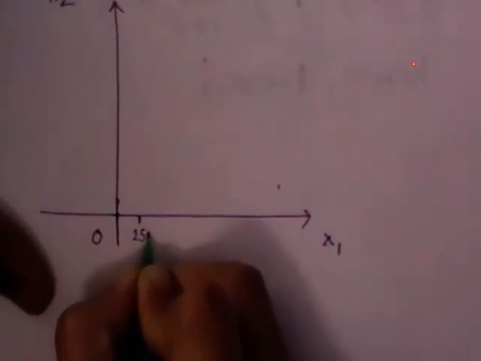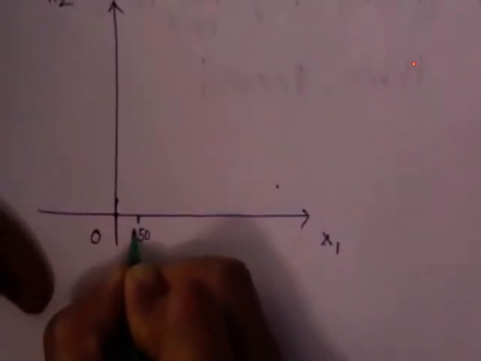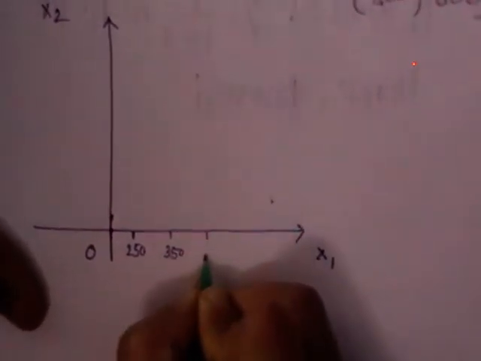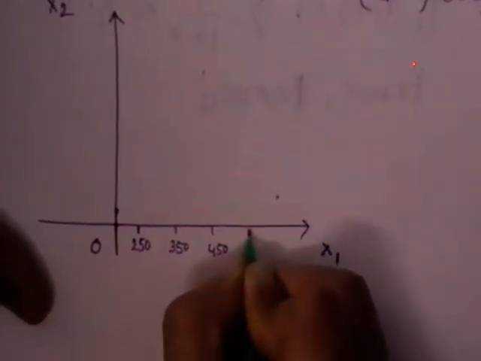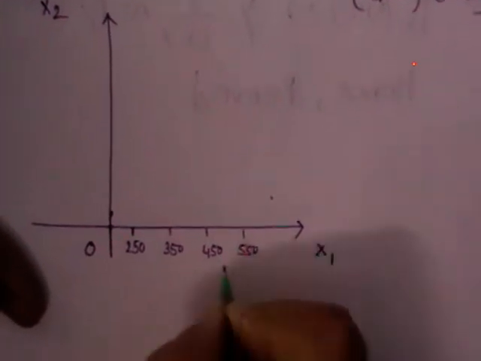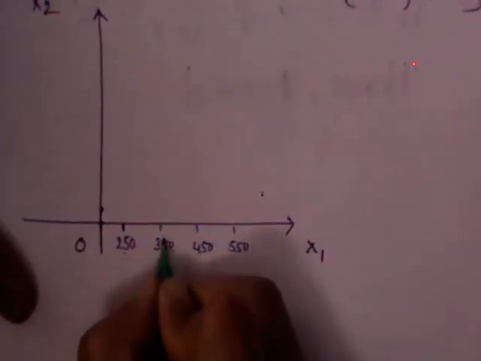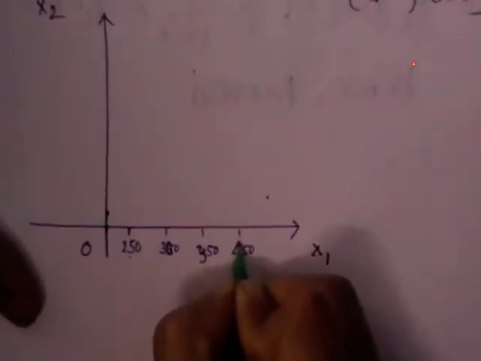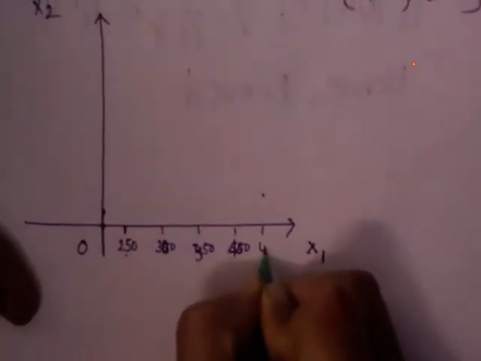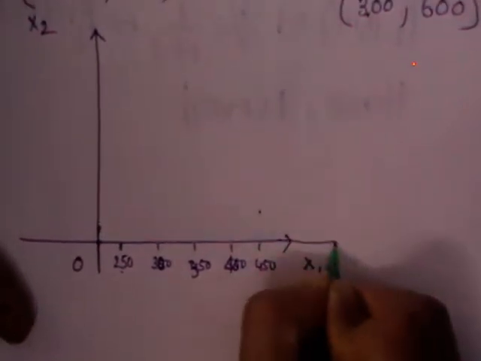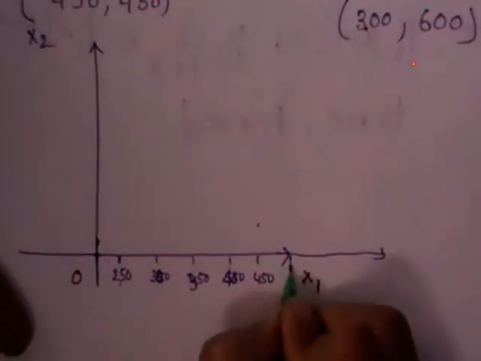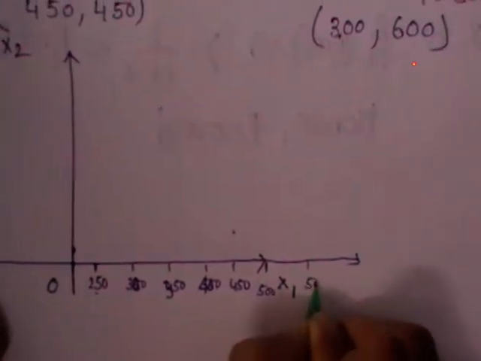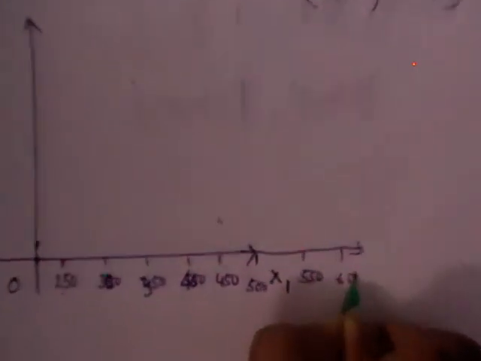You can start from 250, 350, 450, 550, or otherwise 300, 350, 400, 450, 500, 550, 600.